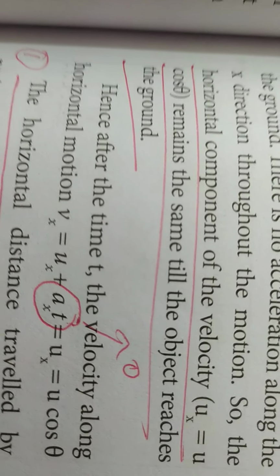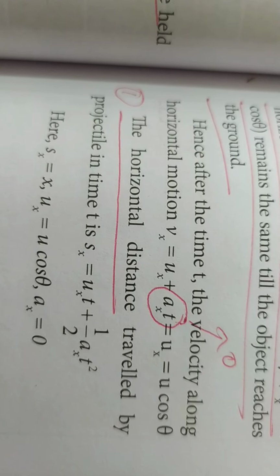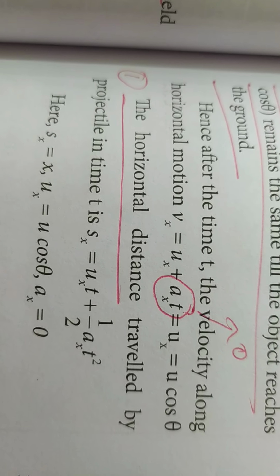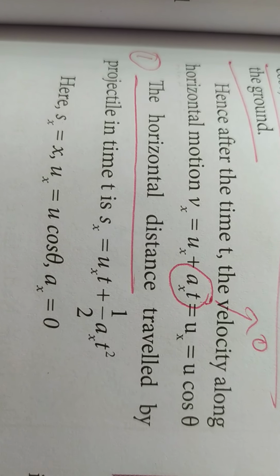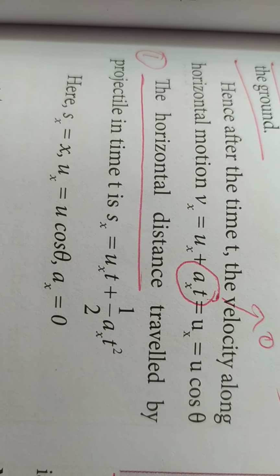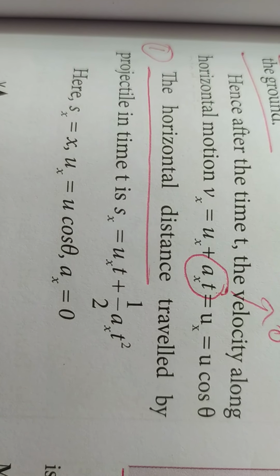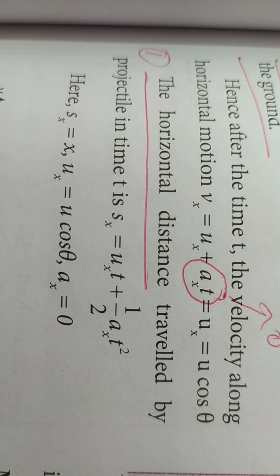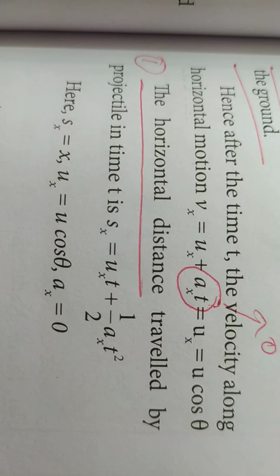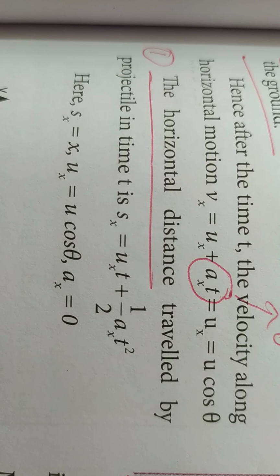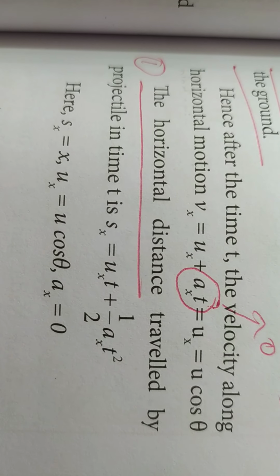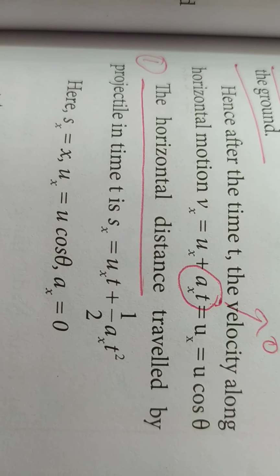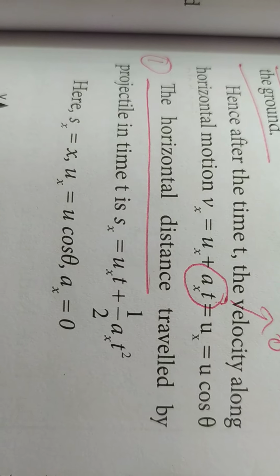This is very important. After the time t, you can calculate vx is equal to ux plus axt. Here we are using the suffix x because it is horizontal motion. For horizontal motion you should write the suffix as x, and for vertical motion the suffix should be y. In the horizontal direction there is no acceleration, so the second term becomes 0 and vx is equal to ux, which is equal to u cos theta.